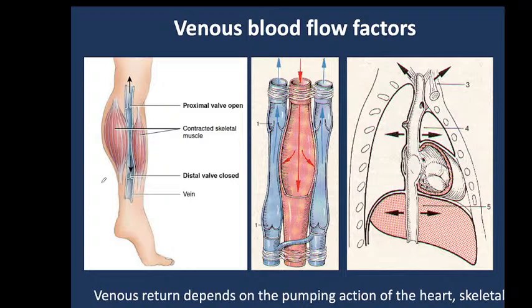It is like we use a balloon: we put a balloon in the hand and press it. It is the same mechanism and the same idea of how muscles help blood flow in the veins.